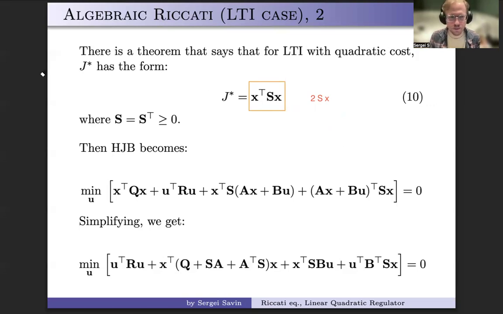So the correct answer is to do it like this. This is the partial derivative times ax plus bu. You notice this is a row vector times a column vector. And here is the same thing, but transposed.